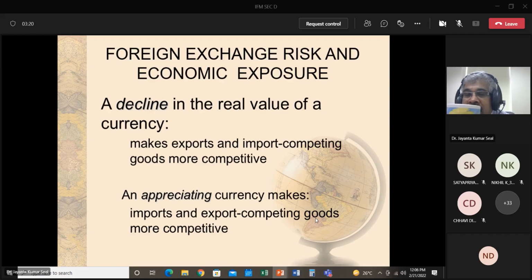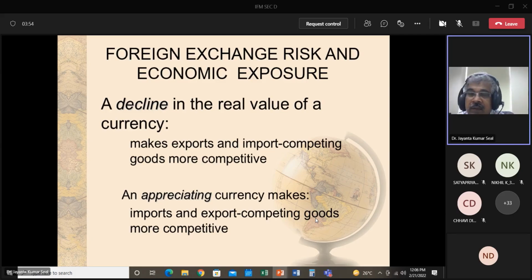Now I want to sell it for 75 rupees, and $1 is equal to 76, so I can sell it at a price of less than $1. So naturally, I gain export competitiveness because I can sell this product in the overseas market at less than $1, whereas my competitors, whose exchange rate has not changed, are still selling at the same price, that is $1. So I gain export competitiveness if my currency depreciates.